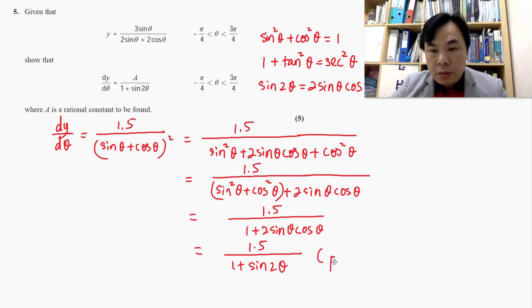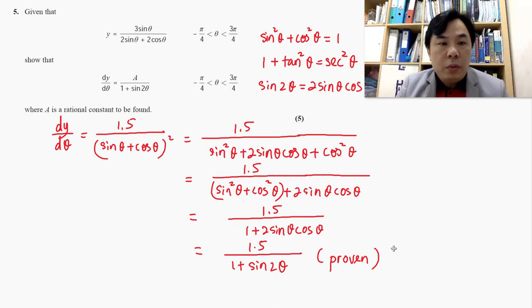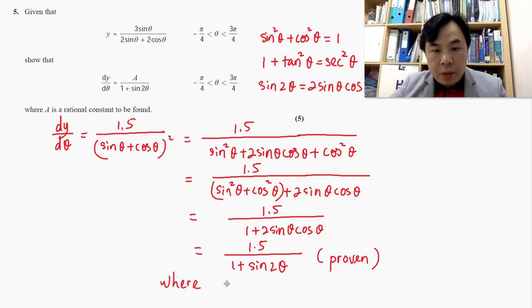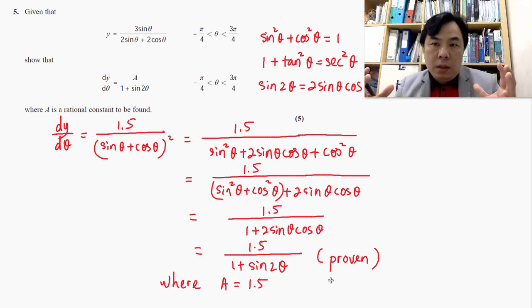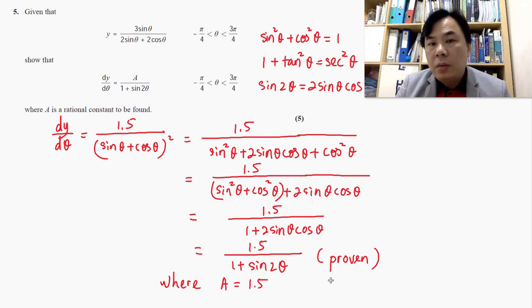As a completion of proof, we just write down proven there, where a is a rational constant to be found. We write down where a is 1.5, based on the structure of the derivative. So I hope this is clear. This is one of the methods of how we can differentiate this particular expression.